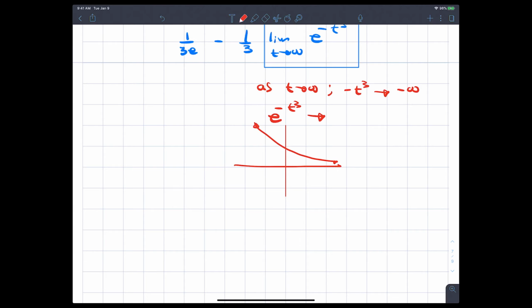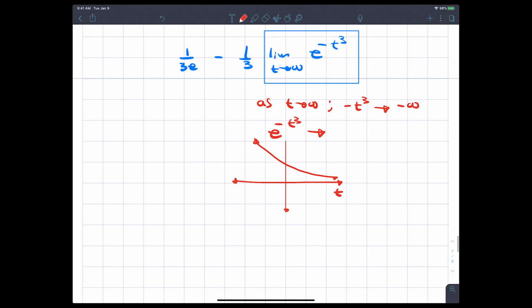Let's go something like this. Anyway, let's take a look at that, right?